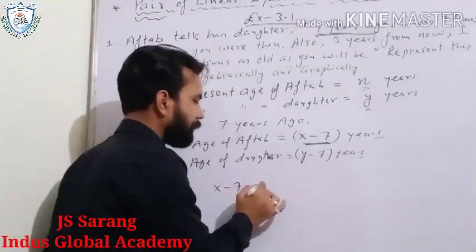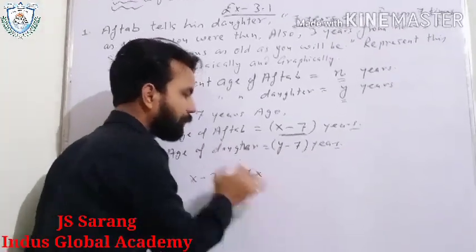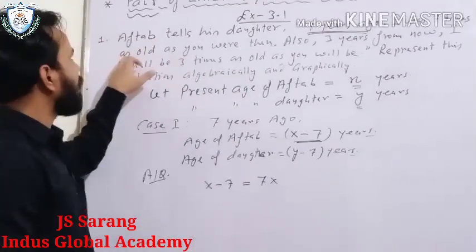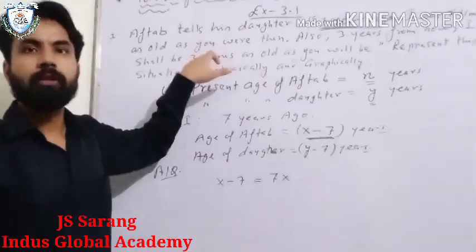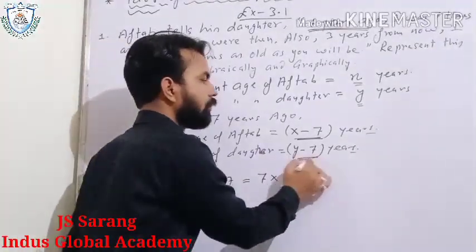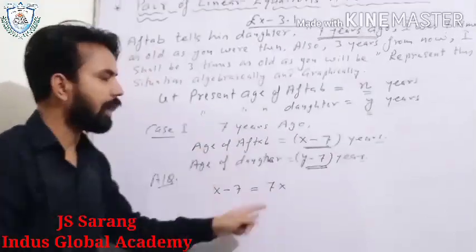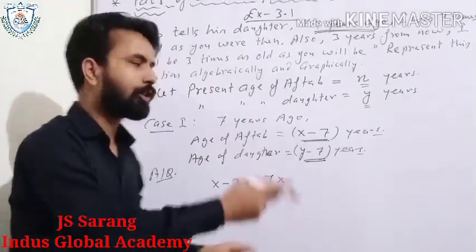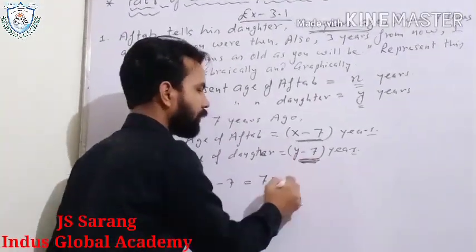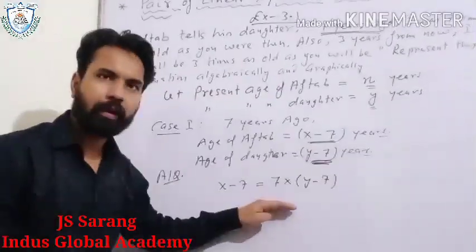Times here means multiplication by 7. 7 times as old as you were then. You stands for his daughter. So the age of his daughter was y minus 7. Means the age of Aftab 7 years ago was 7 times the age of his daughter. So what was the age of his daughter? y minus 7. Hope it is clear to everyone.